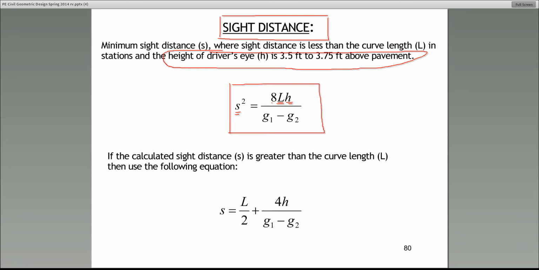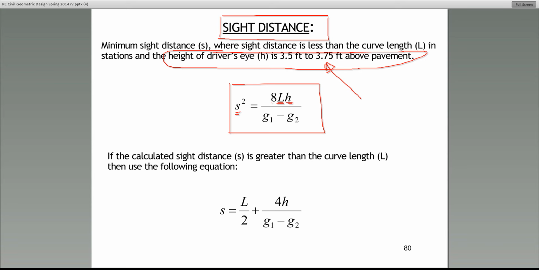We usually use a number, 3.5 feet to 3.75 feet. Think about what that represents. With the SUVs that are so common these days, the higher value, 3.75 feet, is more likely. And in calculations, that's what we use. But you could go anywhere from 3.5 to 3.75.